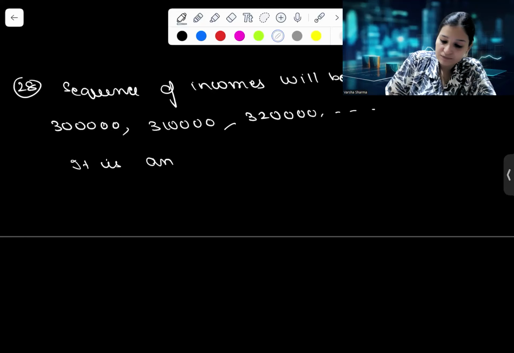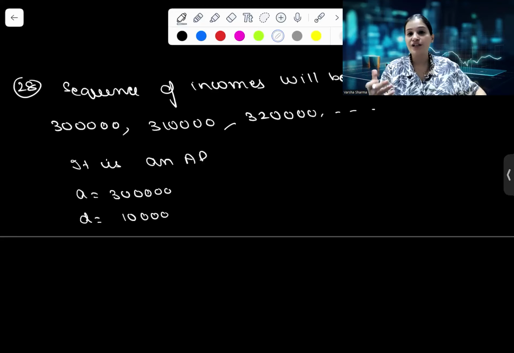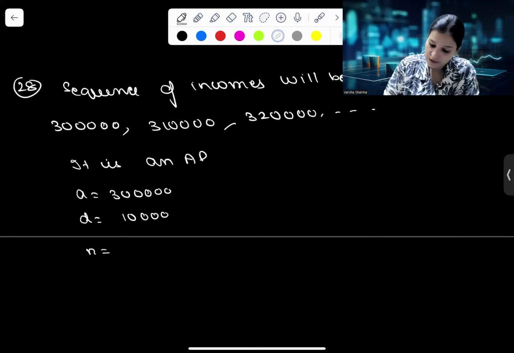What is the first term? 3 lakh. Common difference? 10,000. Since it was an increment, it is plus 10,000. If it would have been decreasing, it would have been minus 10,000. It increases for the next 19 years. Find the total amount he received in 20 years. So what is N? N is 20.